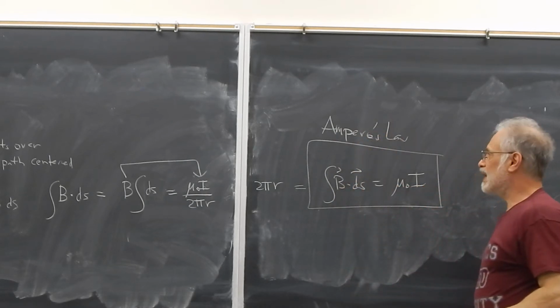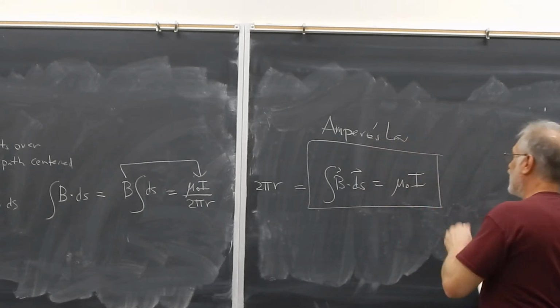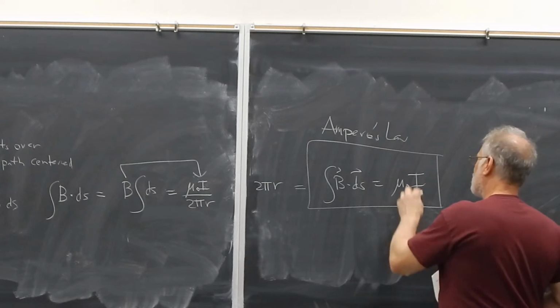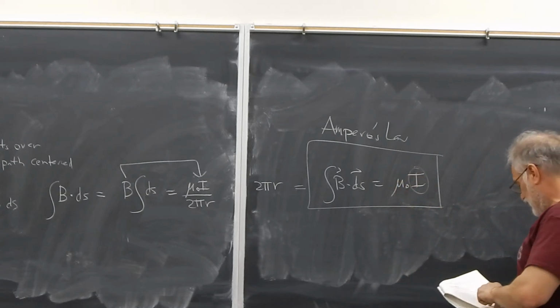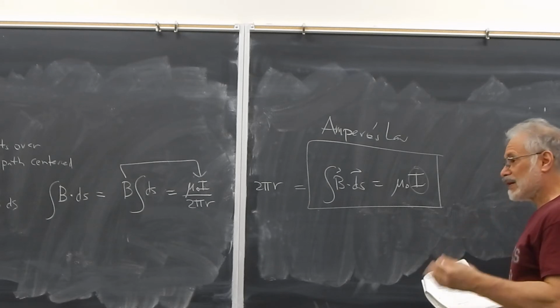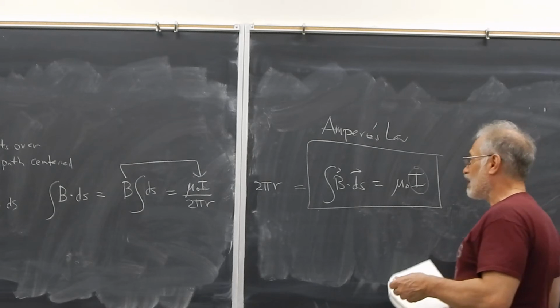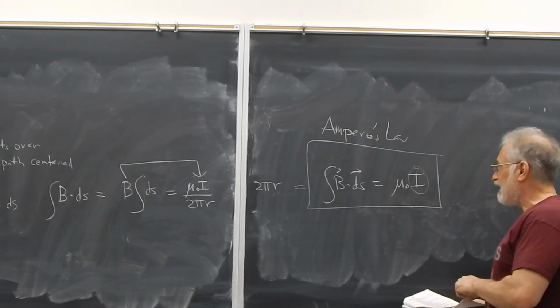And this is what we call Ampere's law. The line integral of B dot ds around any closed path is going to be proportional to the current that goes through that path. It's valid always, but it's extremely useful for calculating magnetic fields where you have high symmetry. And that's what we're going to do.